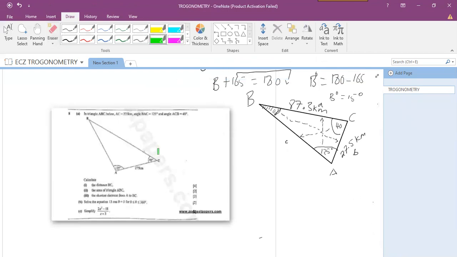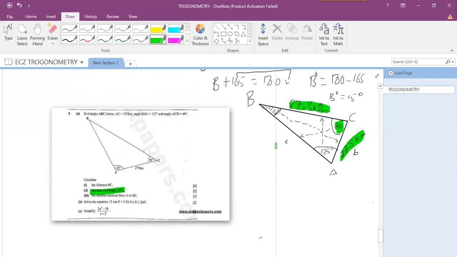Question 2 says the area of the triangle. We have this side here, which we've just calculated, 87.3 kilometers, and this side here, which is 27.5 kilometers, and an angle in between. Isn't that nice?